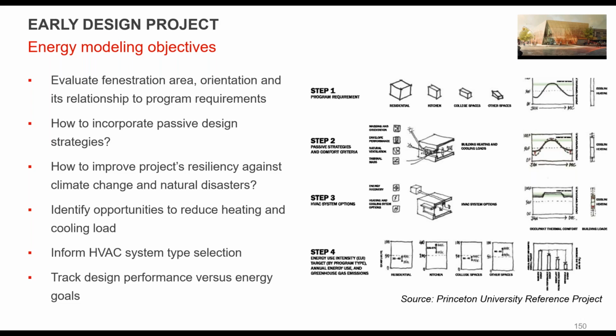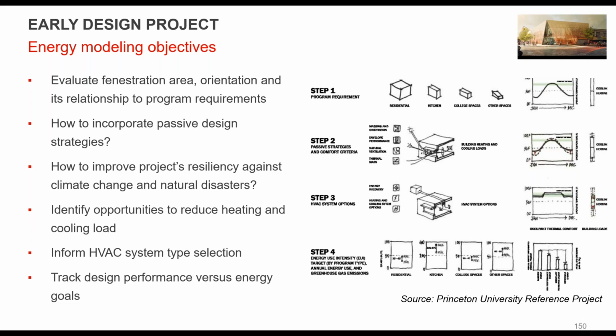In a lot of commercial spaces, passive design is probably not as useful in many aspects, but look for opportunities for comfort and to take advantage of natural light and solar processes. Also, how to improve resiliency against climate change and natural disasters. That's an increasingly important one as we're dealing with climate change pretty rapidly. Being able to have the building operate, or at least maybe shelter people in case of a natural disaster.